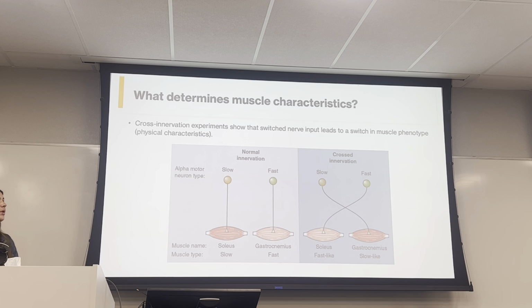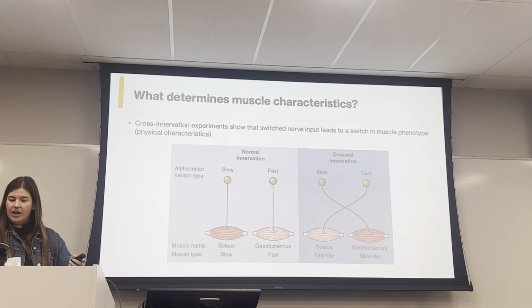And vice versa. When the neurons that were synapsing onto our slow muscle fibers were doing the really quick bursts of action potentials, these muscles switched over to have the physical characteristics of fast muscle.